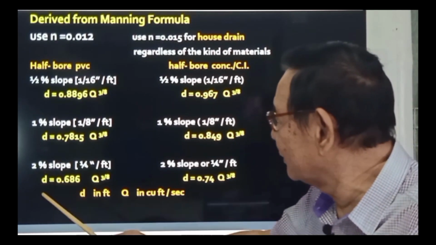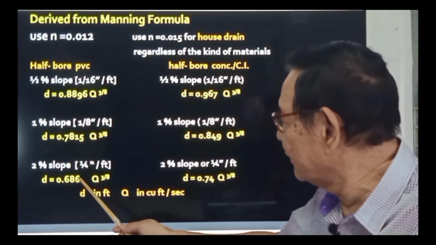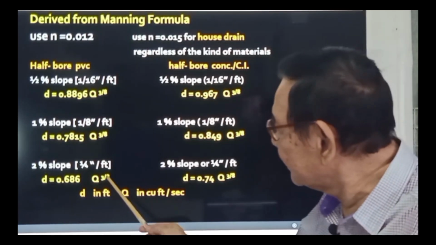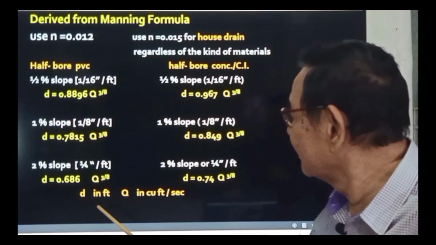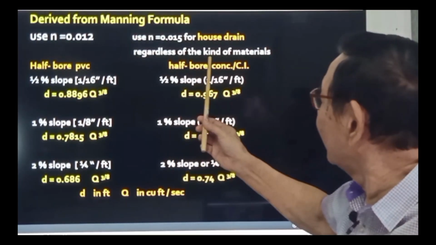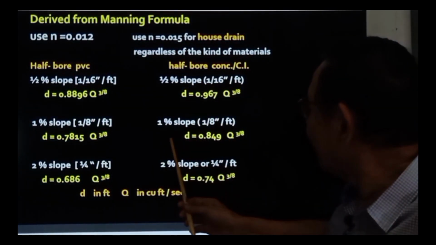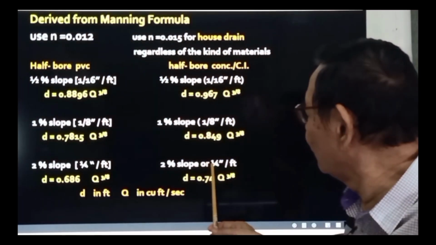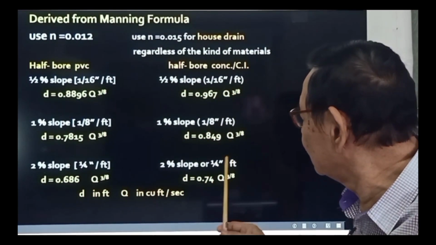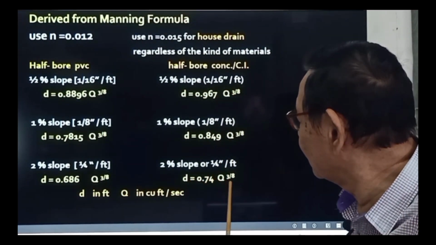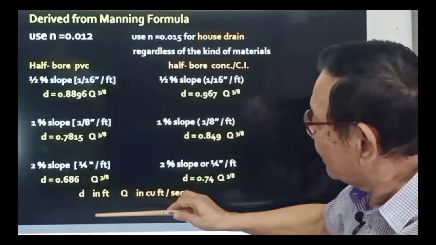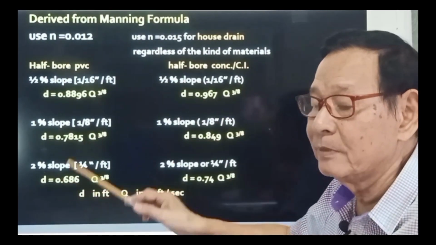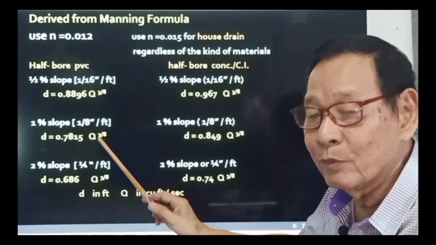For the 2% slope, D equals 0.686 Q to the power 0.38. For concrete or cast iron pipe, 2% slope, 1/4 fall per foot, D equals 0.74 Q to the power 0.375, D in feet, Q in cubic feet per second. So this one is derived from the original Manning equation.